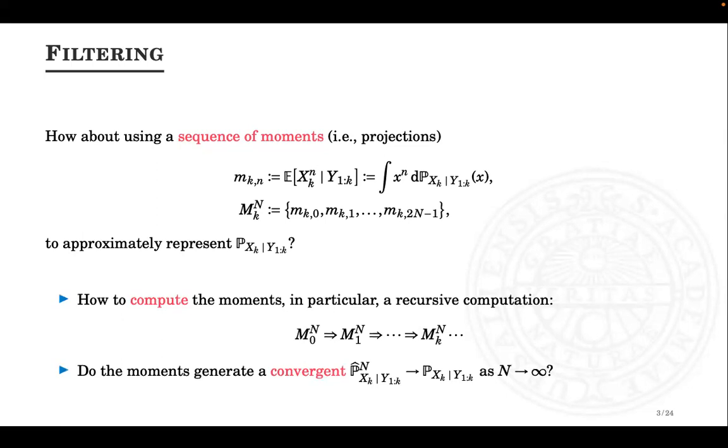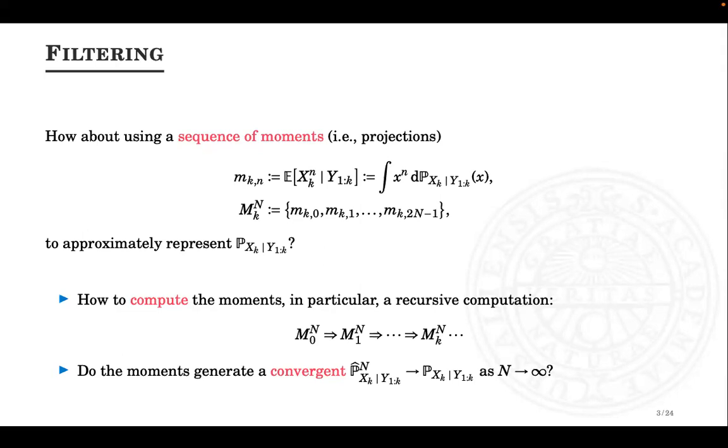Because we are using a filter, one key feature of a filter is that it is a recursive algorithm, in the sense that we start from some known estimates, and then we use these estimates to estimate the distribution in the next time step. So if we want to compute the moments, how do we form a recursive algorithm?